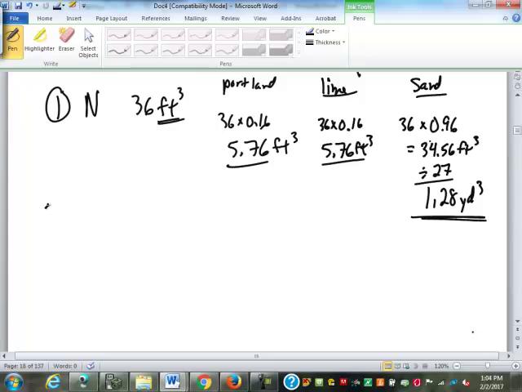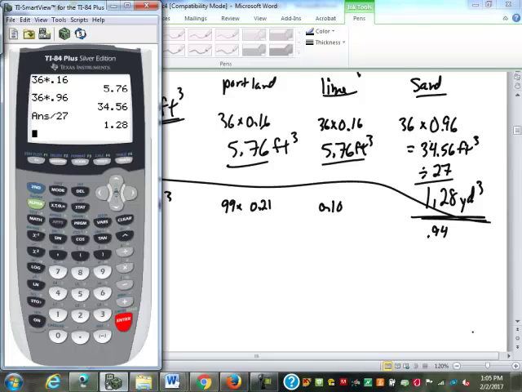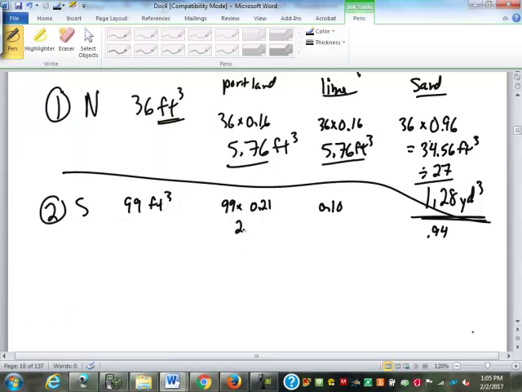So number 2 is type S, 99 cubic feet. I'm just going to write down the numbers here. Type S: 0.21, 0.10, and 0.94. So for type S, Portland cement is 99 times 0.21, which is 20.79, 20.8, works for me. 99 times 0.10 is 9.9 cubic feet of lime.